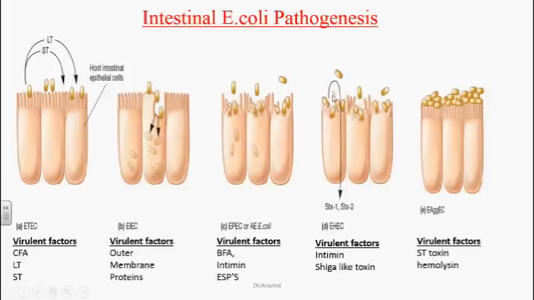After attaching to the TIR receptors, we can start to see A and E type of lesion, attaching and effacing lesions, here also in enterohemorrhagic E. coli. At that point of time, this enterohemorrhagic E. coli can secrete one exotoxin called Shiga toxin, especially the serotype O157:H7 secretes the Shiga toxin.